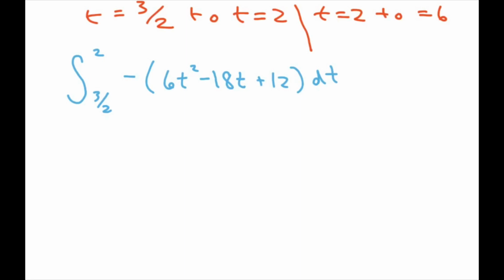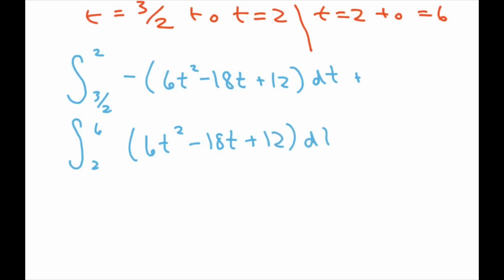Then plus the other integral, from 2 to 6, and this is to the right: the integral of 6t squared minus 18t plus 12 dt.